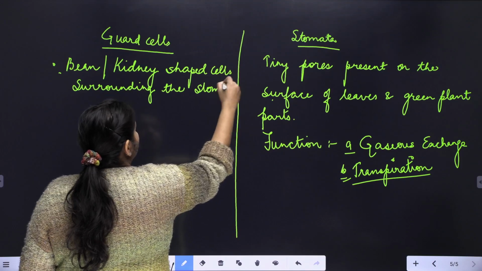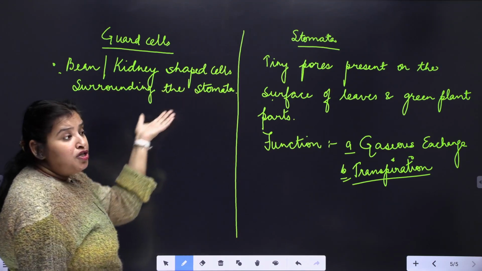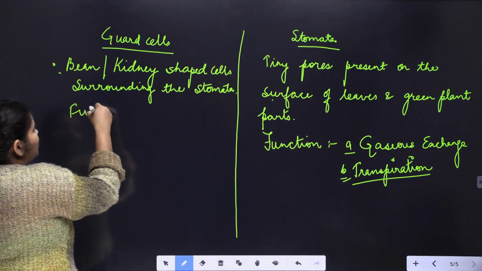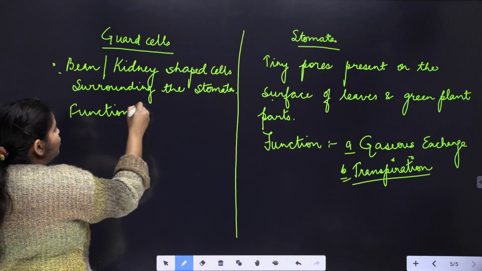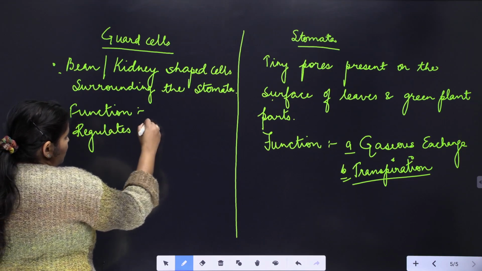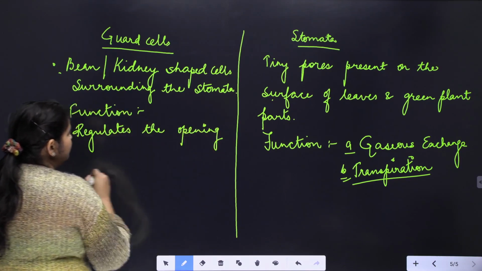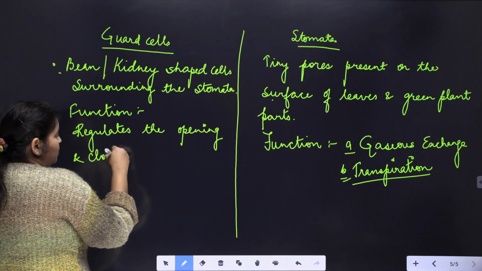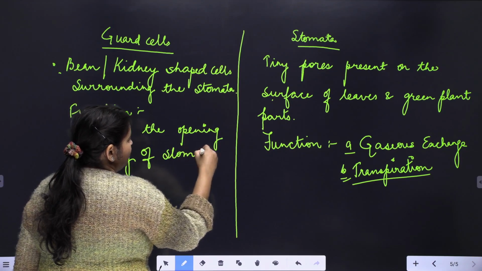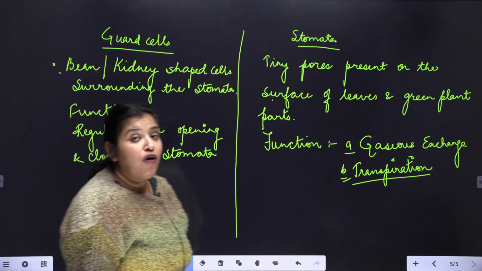And these bean shaped or kidney shaped cells are actually regulating the opening and closing of stomata.